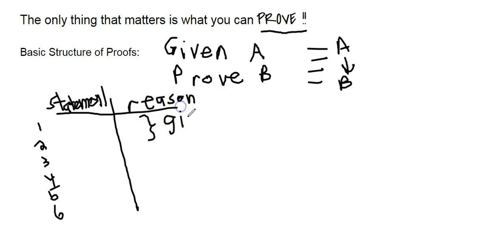You're going to state your givens, get those right on the board. Then you're going to have a second section here where you're going to have logical steps in proving what you want.